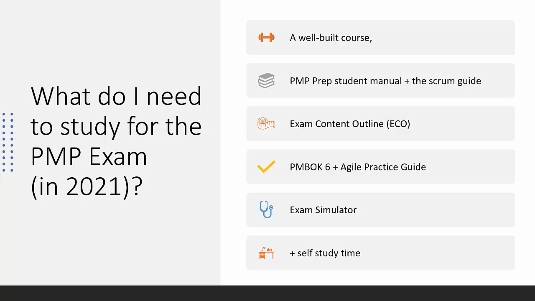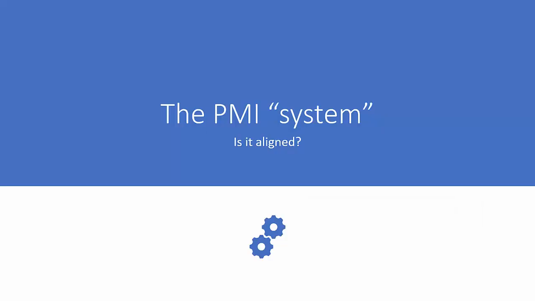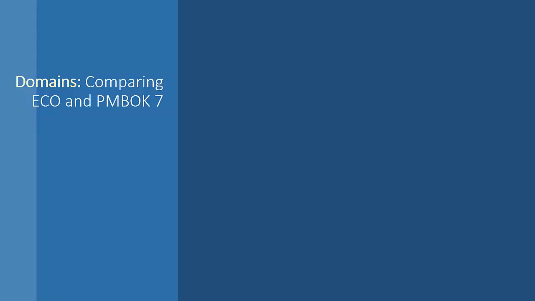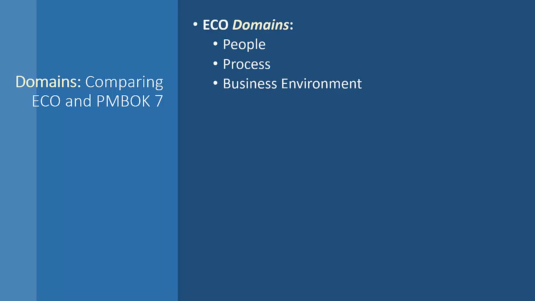Finally, taking a helicopter view of the whole system, what is the situation? Well, one quick example. Comparing the domains from the ECO, the exam content outline, and the PMBOK 7. ECO domains: people, processes, business environment. Right?